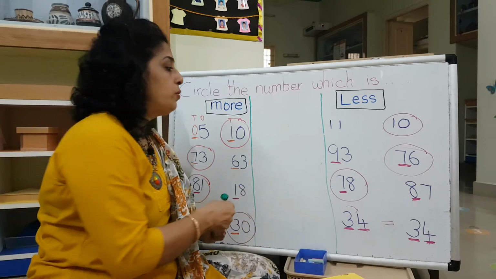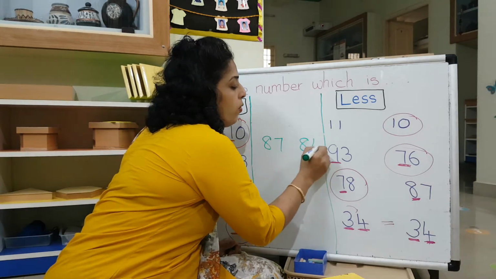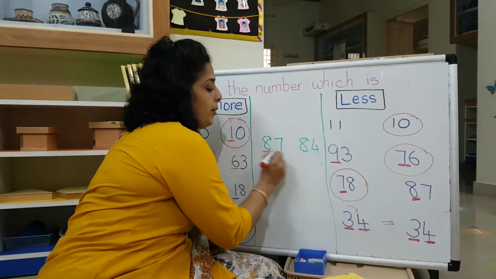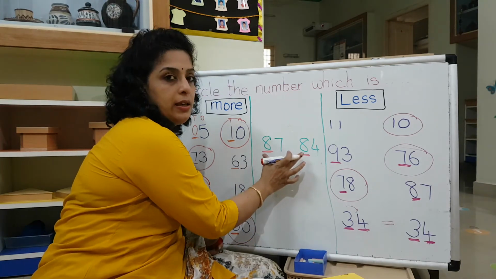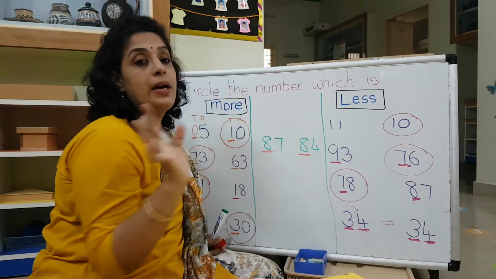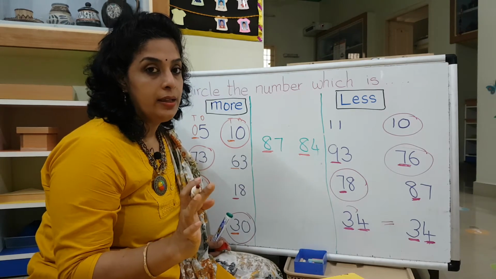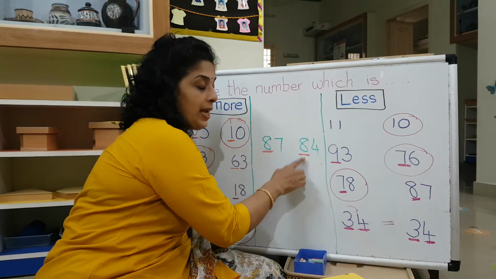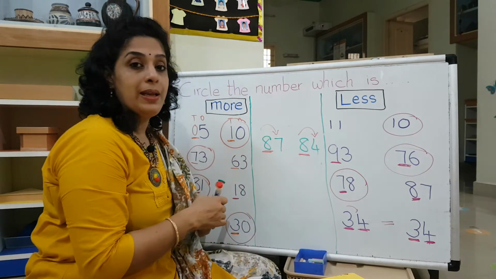All what you have to do is, when two numbers are given, 87 or 84, first neenga panna vendiyadhu, check the tens place. Find out which is big in this. If you know it, there itself you mark, circle it, bigger or smaller. Okay? That is more or less. If both are same, 8 and 8, then you jump to the next number, ones place.